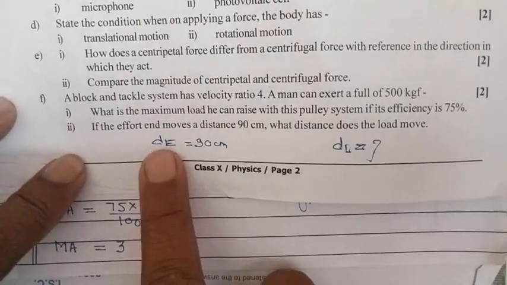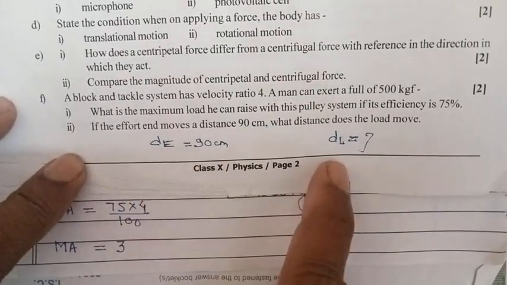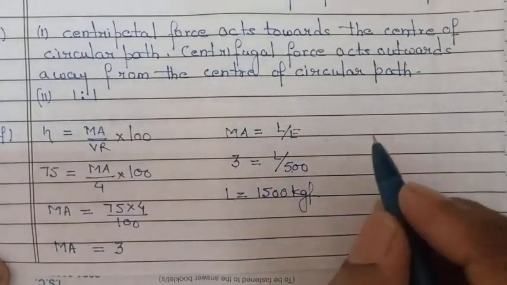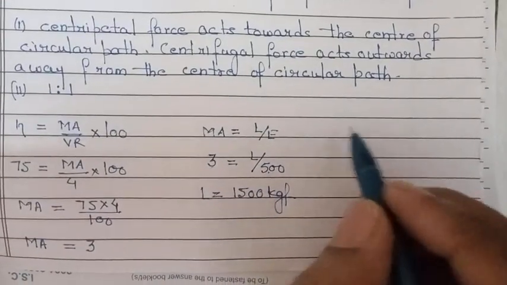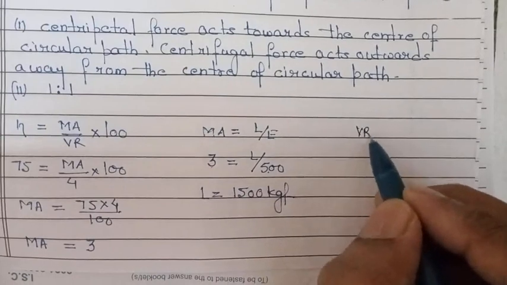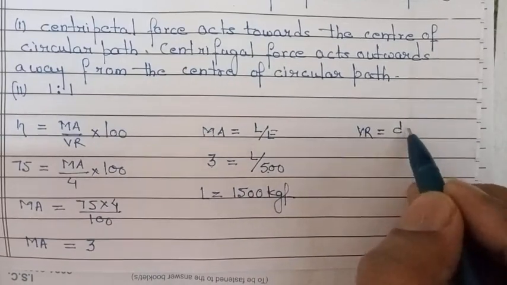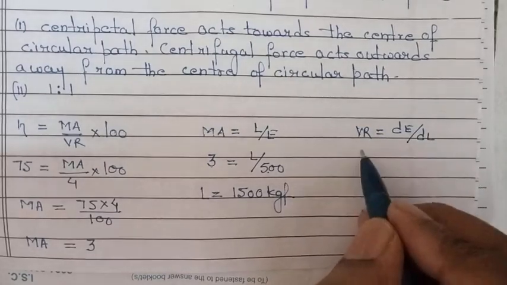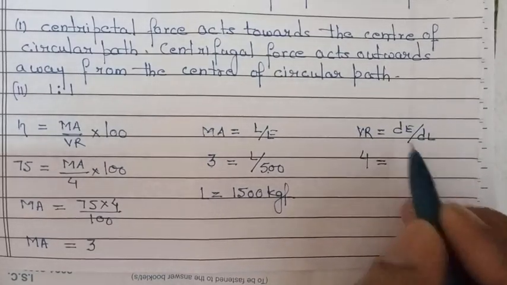Now remember, displacement of effort and displacement of the load point can be compared with the help of velocity ratio. So we will use the formula for velocity ratio. It is dE by dL. Velocity ratio is given in the question as 4.